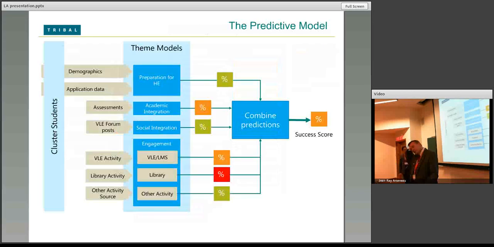So the way we've done it is we've created what we call themes. And you can have a predictive algorithm to predict various themes. Using weightings, we will then combine those predictions to create a success score, which we can then analyze through our warehouse. As I said, the system will learn from the information that it's retrieved over history and will adjust the calculations based on previous predictions.